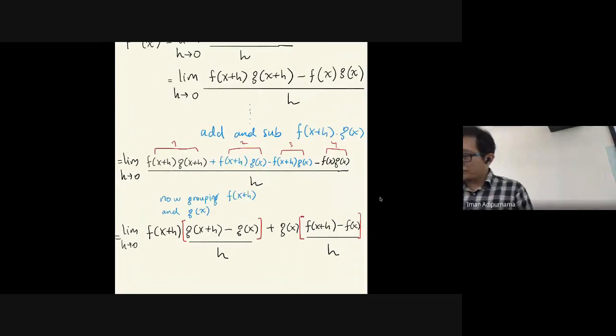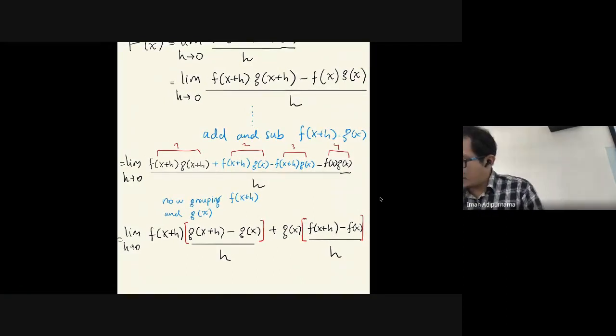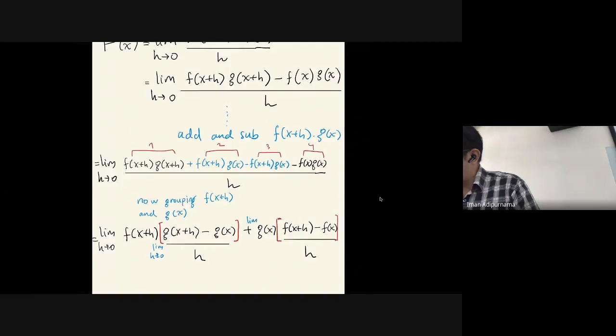If you see here, this is the limit as h goes to 0, right? I can make the limits separate. So all of this is the limit as h goes to 0, this also the limit as h goes to 0, and this is also the limit as h goes to 0.